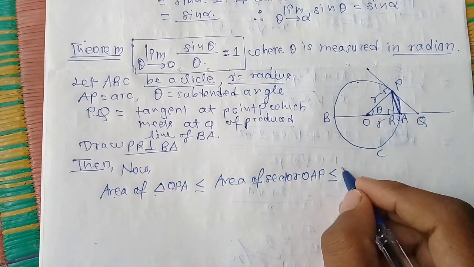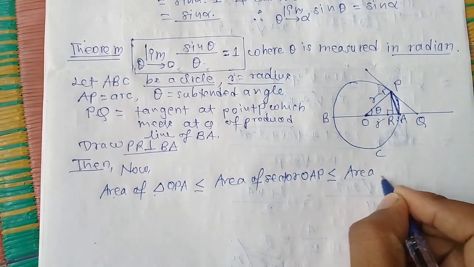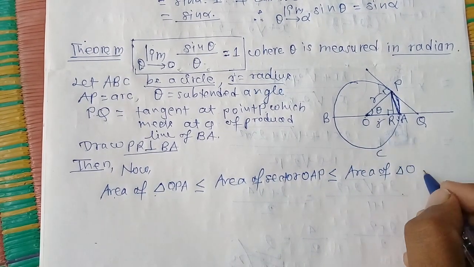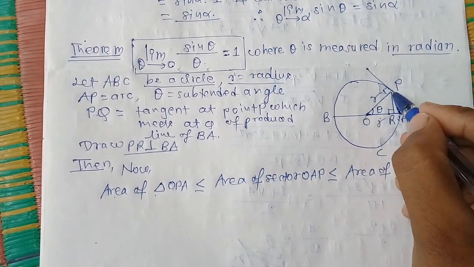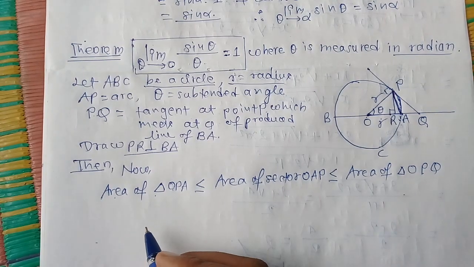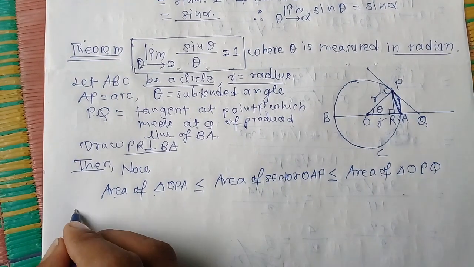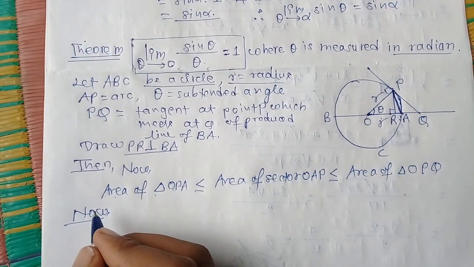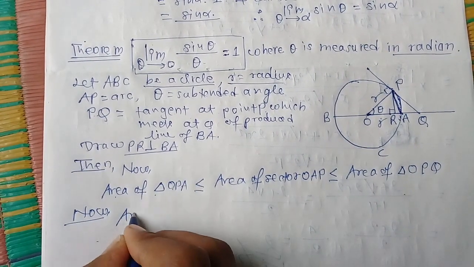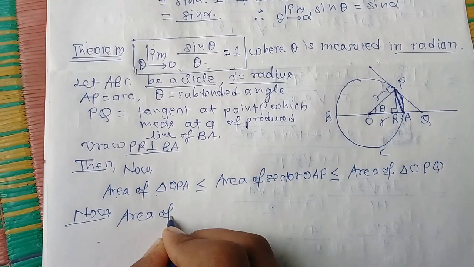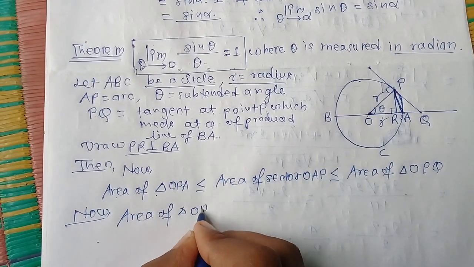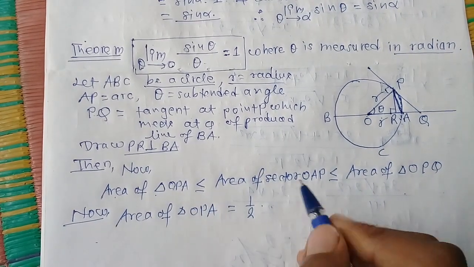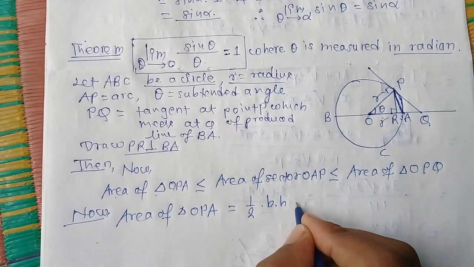So area of triangle OPQ, this triangle. So now area of triangle OPA is equal to half of base into height, half b into h.